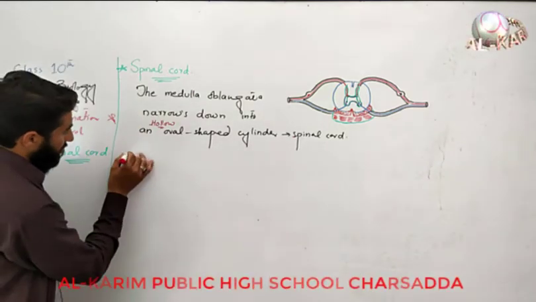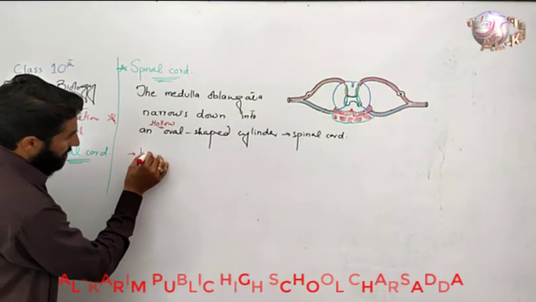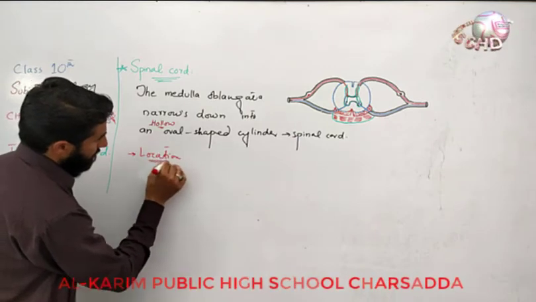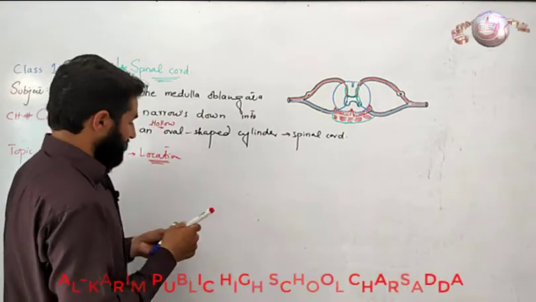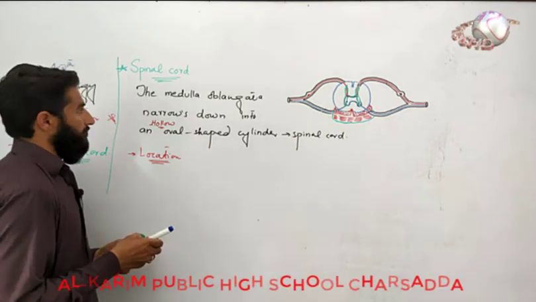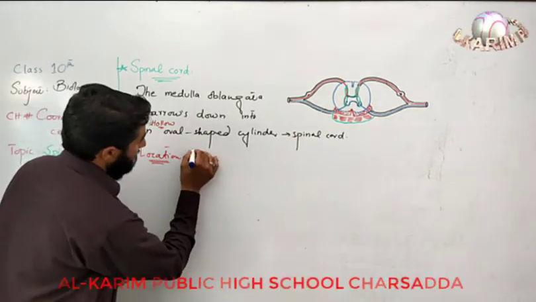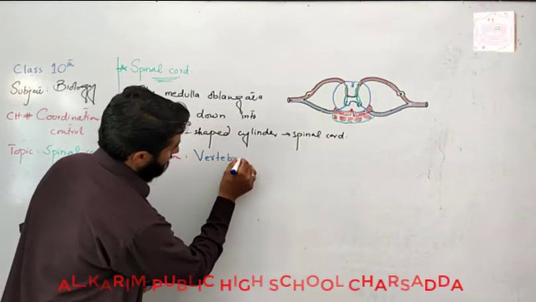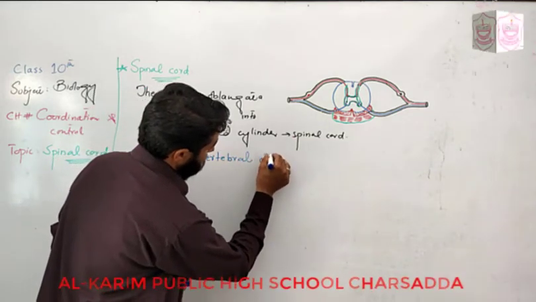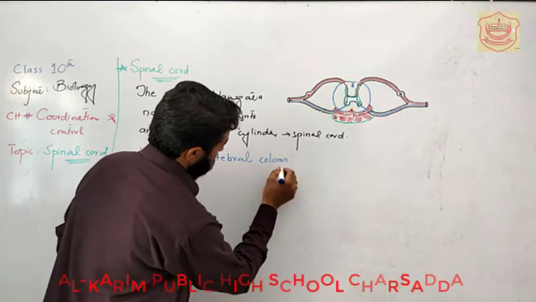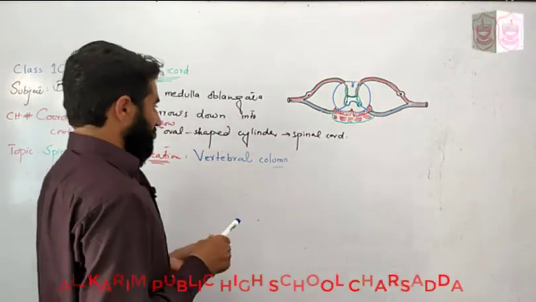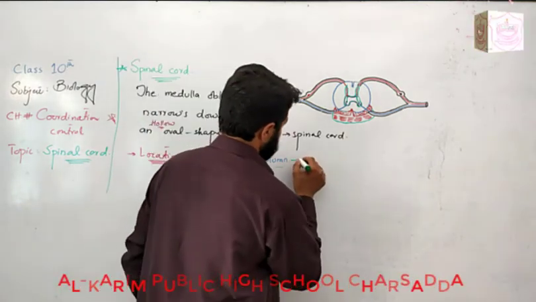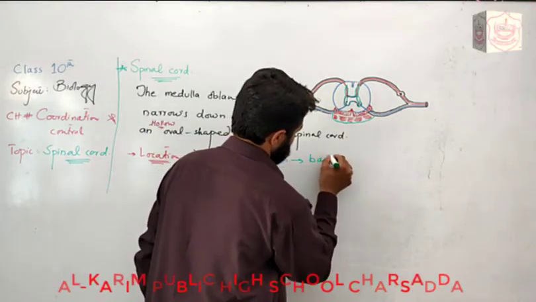Okay, coming toward the location of spinal cord. So spinal cord is present in the vertebral column. Vertebral column is also called backbone.